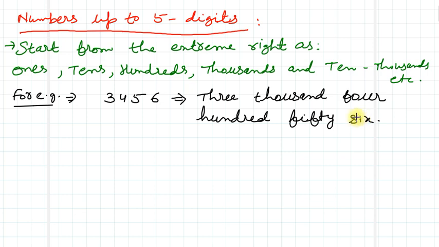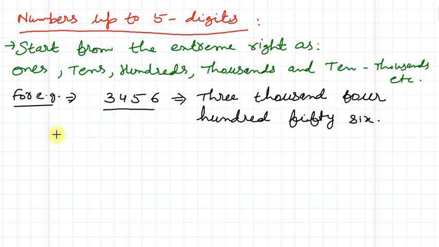Right. So I have written it 3456. How have I arrived at it? I explained on the previous page by using place value system.